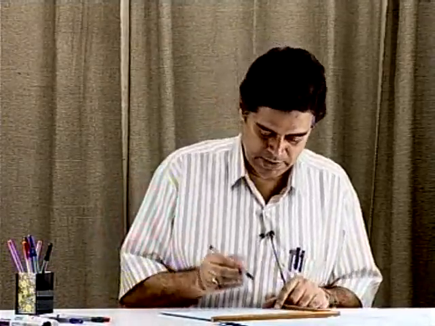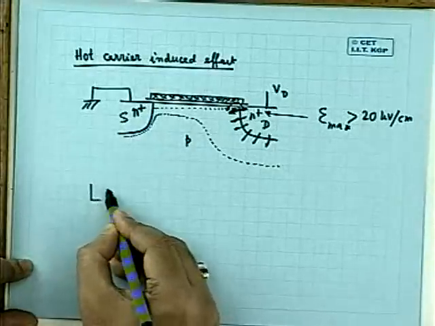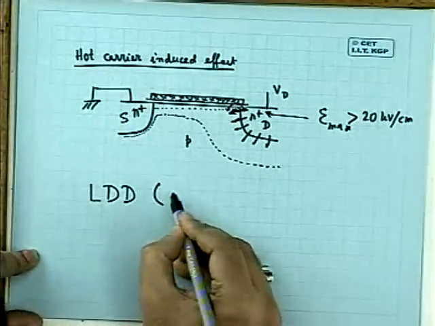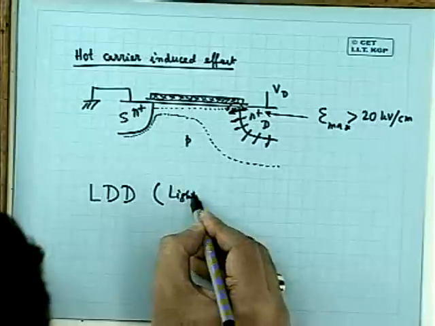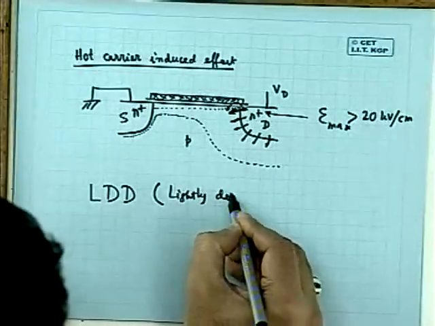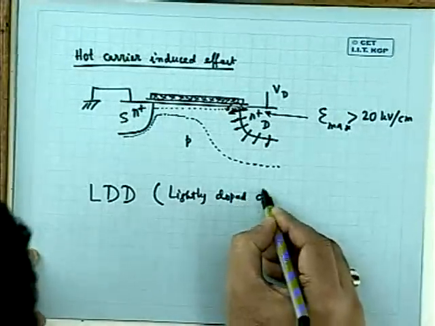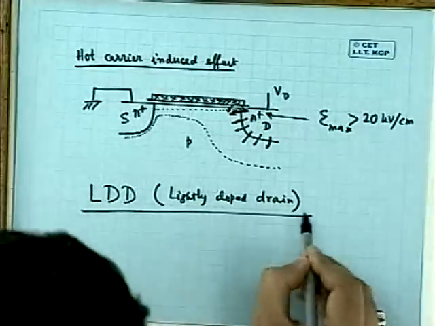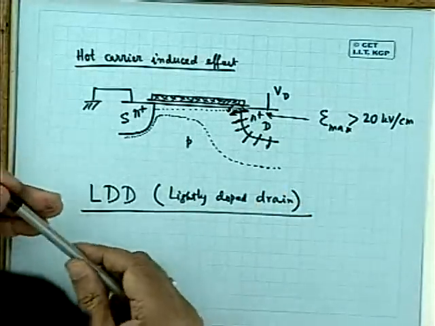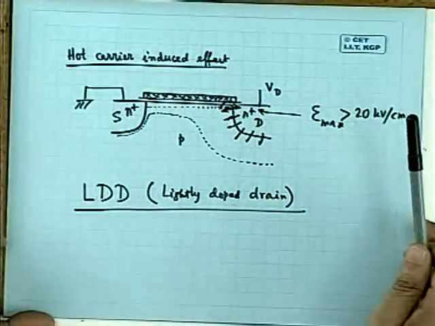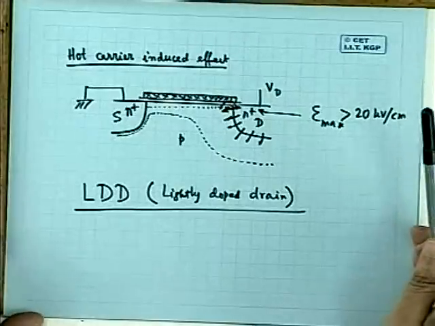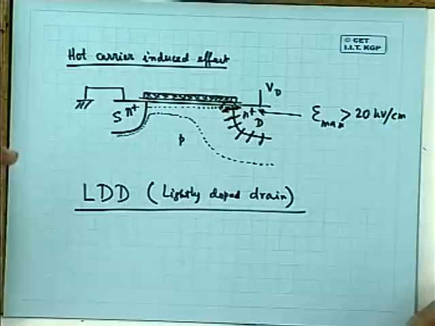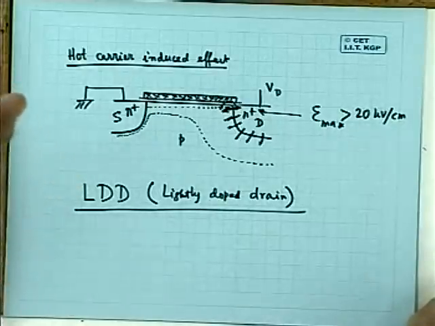I'll be discussing in the next lecture a device called LDD, or lightly doped drain, which is a very popular device to reduce the hot carrier effect, which has become a very important constraint on ultra small MOSFETs.